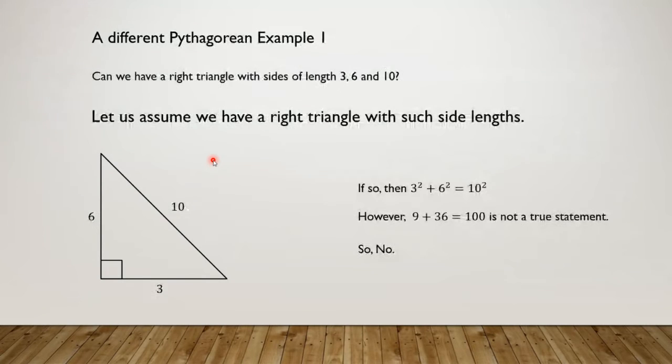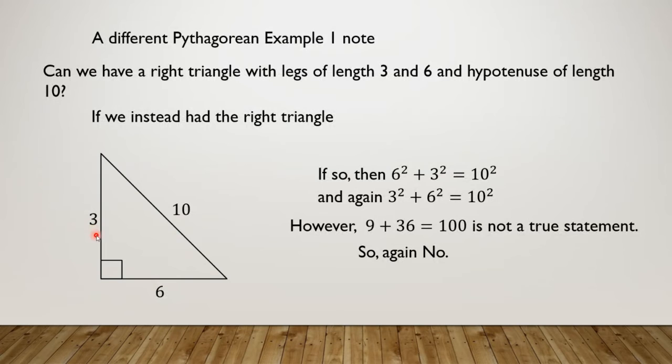And again, here I put the 6 over here and the 3 down here. I know it's not drawn to scale, but that's okay for now. If instead you had 3 up here and 6 down here, that's fine. Either way, Pythagorean's theorem is not going to hold.